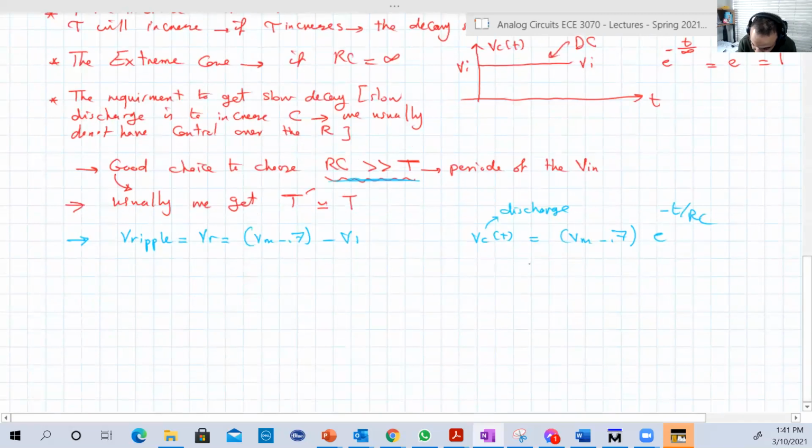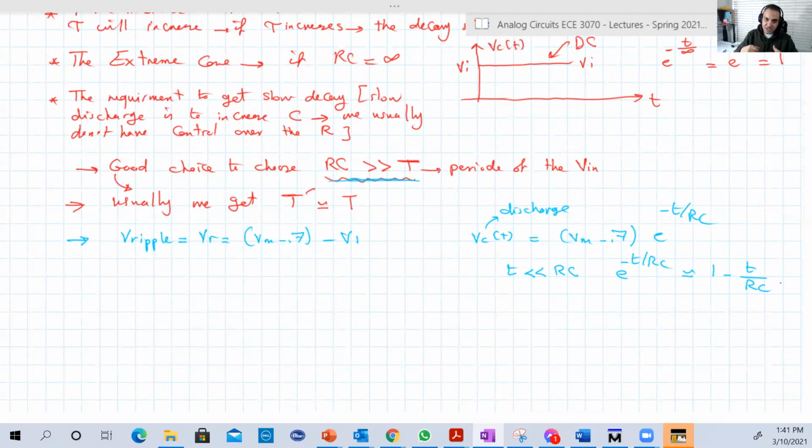So we know that if T is much smaller than RC, e to the power minus T over RC can be approximated as 1 minus T over RC. This is from math: if the exponent of the exponential, but with minus, is very small, very much smaller than 1, approximately 0, then we can approximate the function like this.